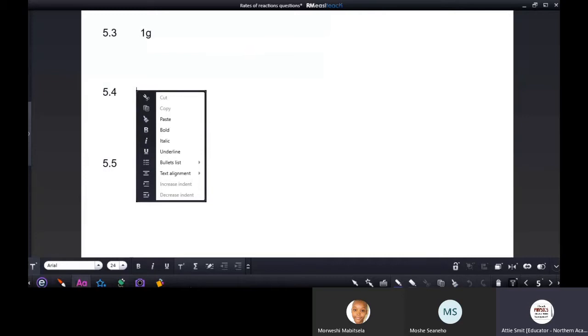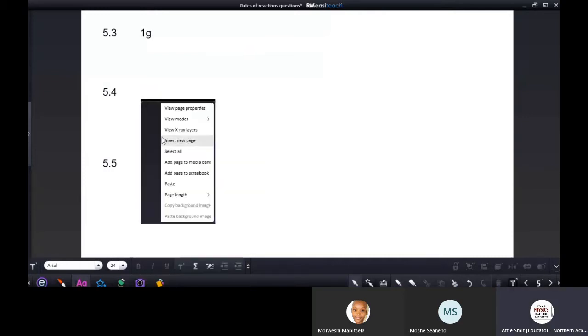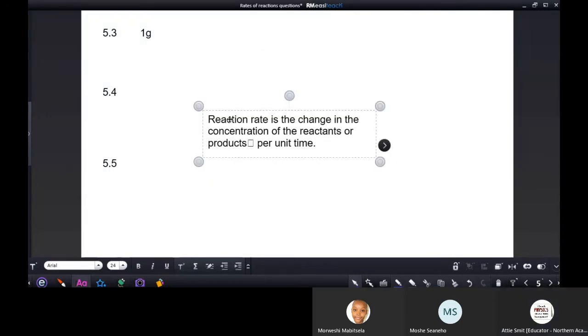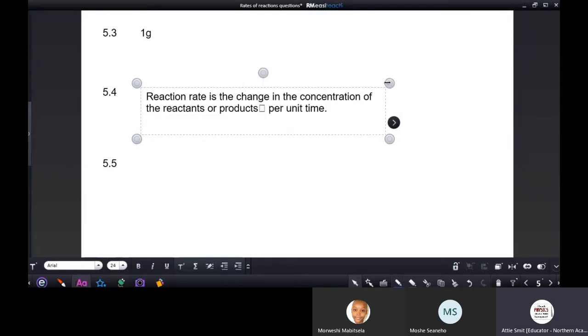Please make sure you know this definition. The rate of the reaction is the change in the concentration of the products per unit time. This is the one from the exam guideline.